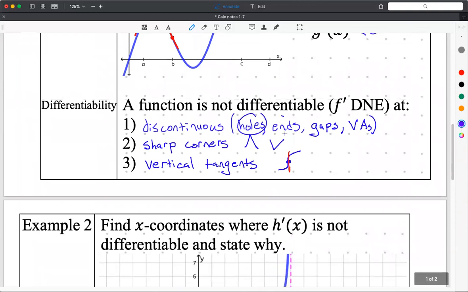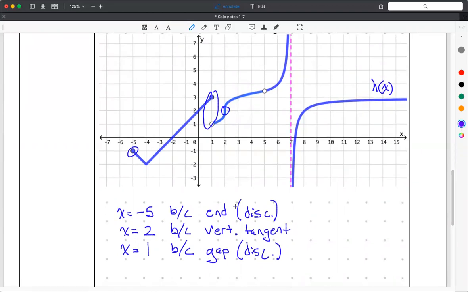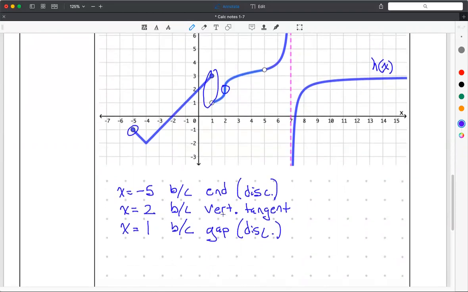It's one of these 4 things. Is it a gap? Yep, because gap. And I should be putting all of these, that these are types of discontinuities. So I'll say discontinuous right there. It's one of the 3 reasons, but in the first reason, there are 4 subtypes of reasons. So the subtype is end gap.